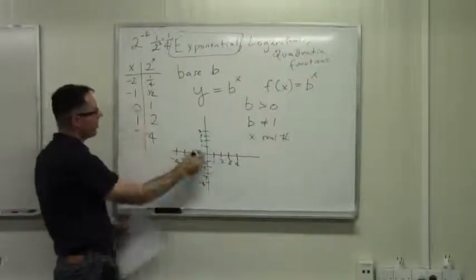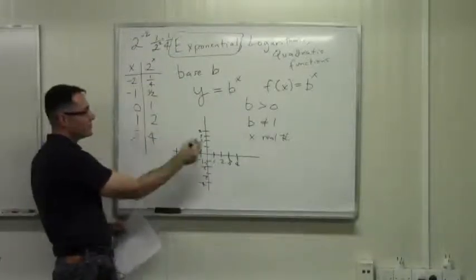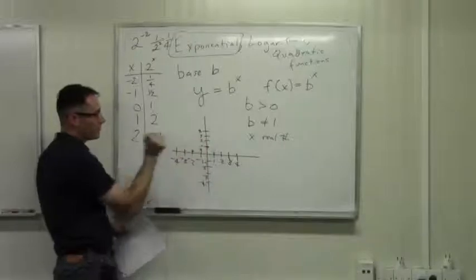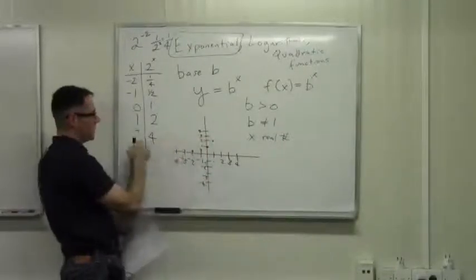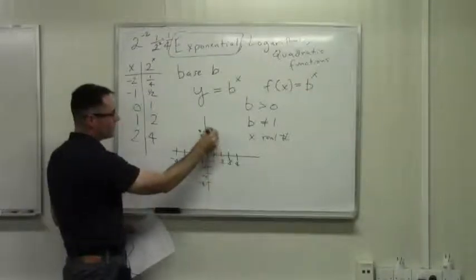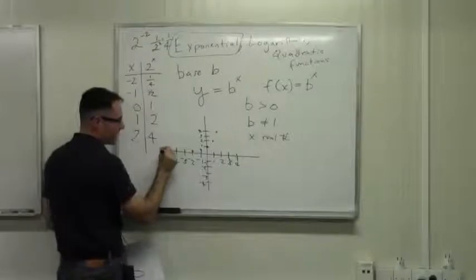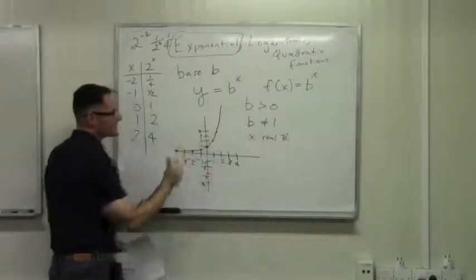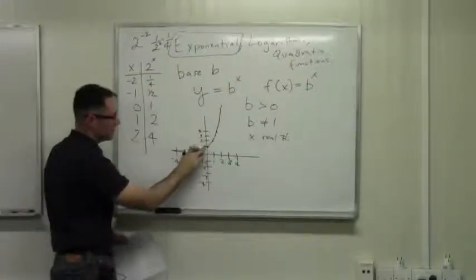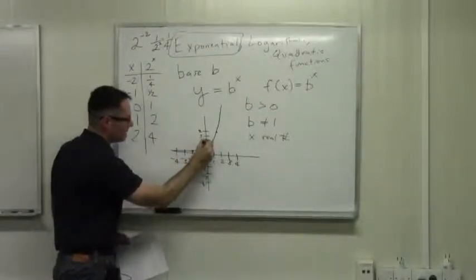At x equals -1, y is 1/2. At x equals 0, y equals 1. At x equals 1, y equals 2. And x equals 2, y equals 4. This is how this looks if I draw all these out, except for the little squiggly there, where I messed up. Still can't draw very well.